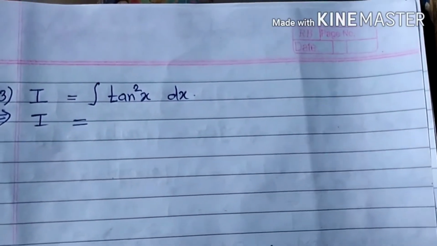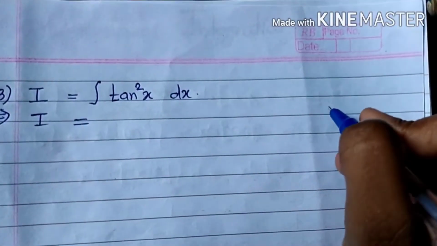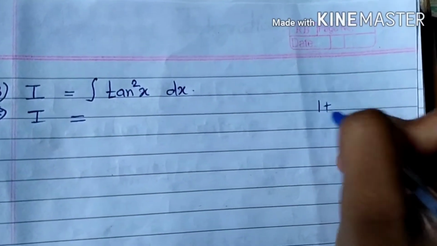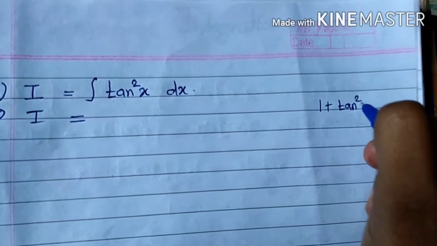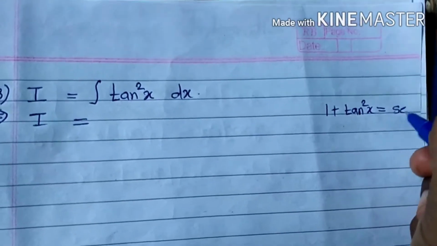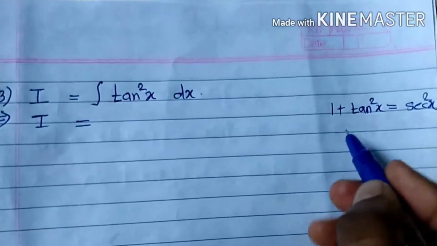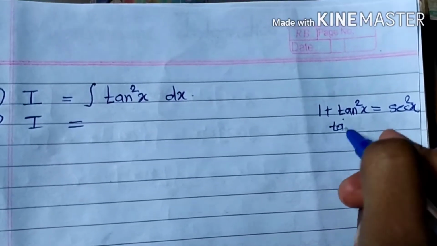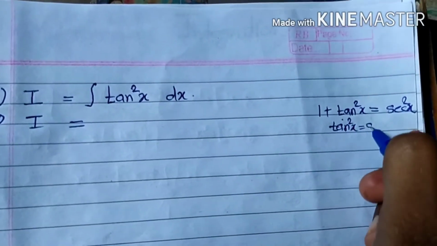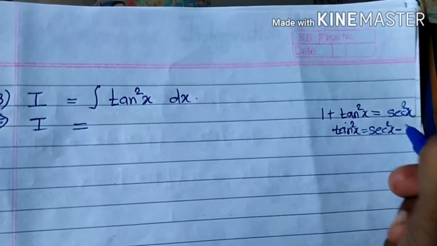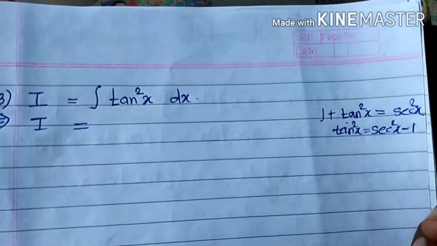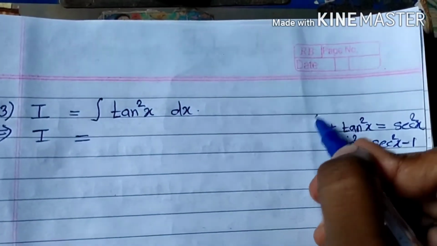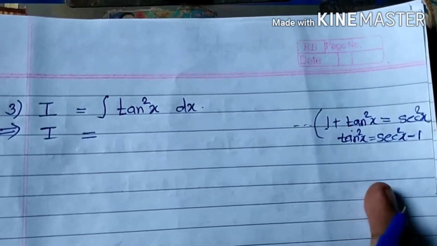What is the identity? 1 plus tan squared x is equal to sec squared x. Using this identity, tan squared x is equal to sec squared x minus 1. This 1 moves to the RHS side. So this is our identity.